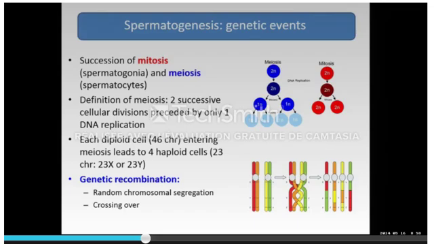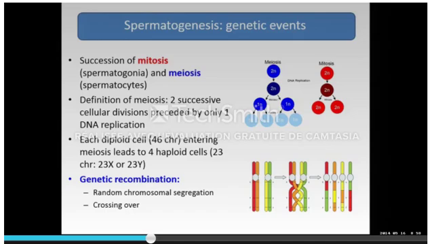And this particular genetic event, meiosis, is of fundamental importance too because it's where the main genetic recombination takes place. Okay, so you have first the random chromosomal segregation. You have 46 at the beginning, and they are separated in two parts, 23 on each side. So this is the first random separation.